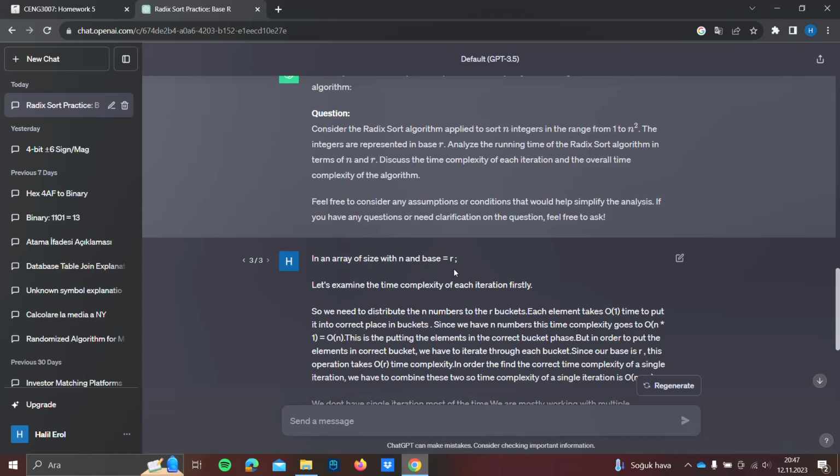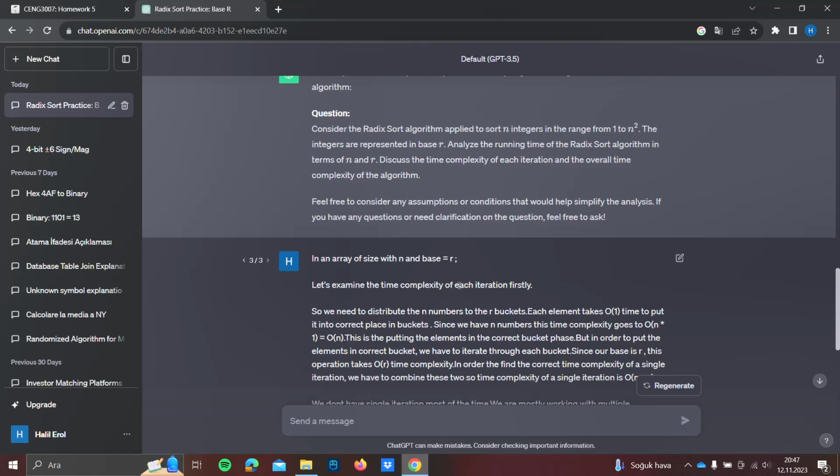We are putting each digit in the bucket it corresponds to. In order to do that, firstly we have to iterate through the array, and most of the time we have multiple iterations.